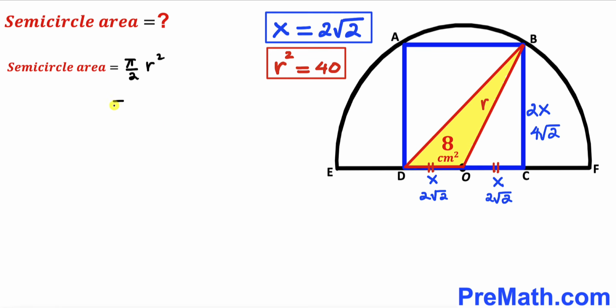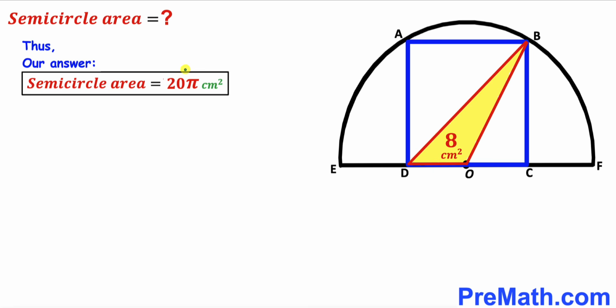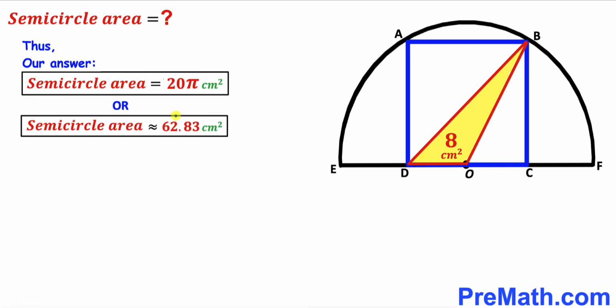So we can write pi divided by 2 times 40, and that is simply going to give us 20 times pi centimeter square, the area of the semicircle. So after all the calculations and manipulations, the area of the semicircle turns out to be 20 times pi centimeter square, and that's going to be approximately equal to 62.83 centimeters square as well. And that's our final answer.